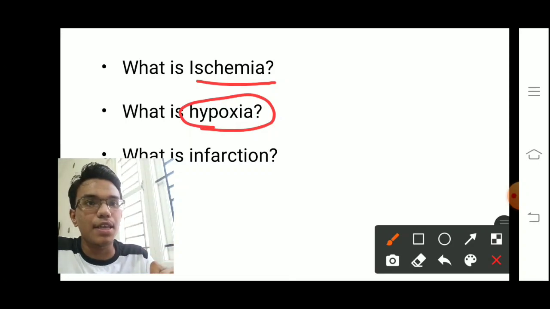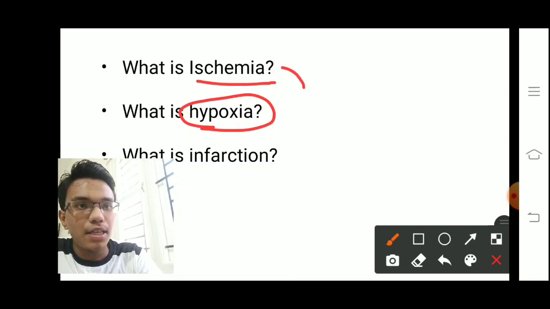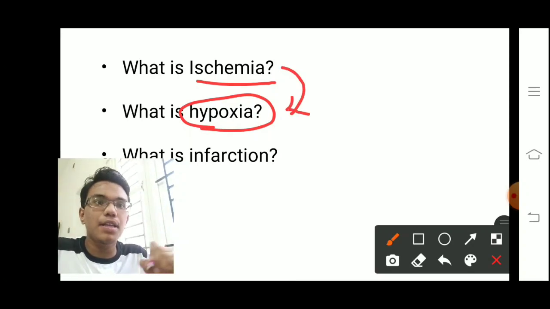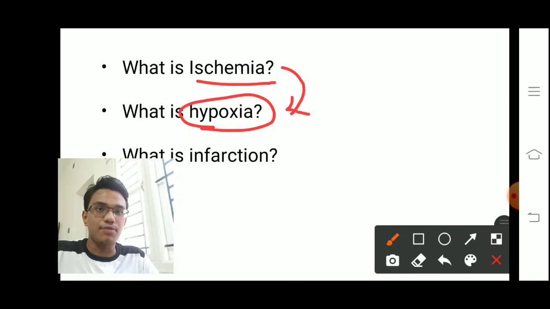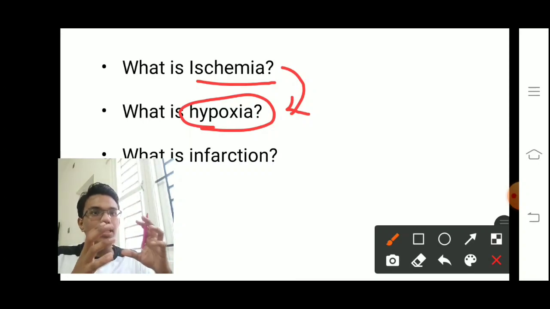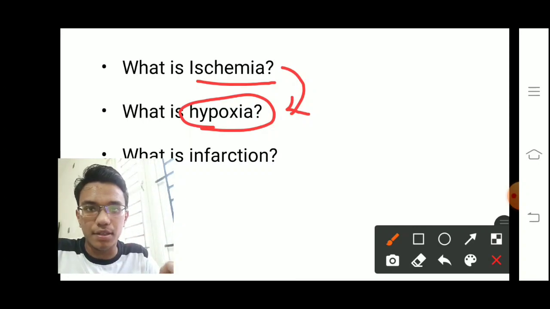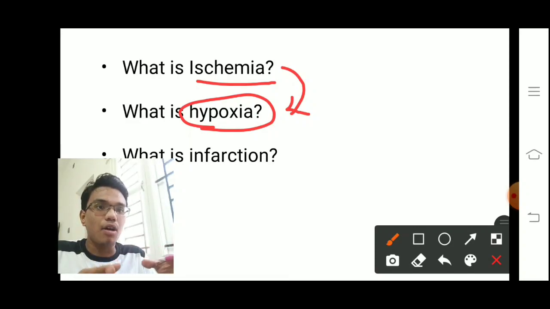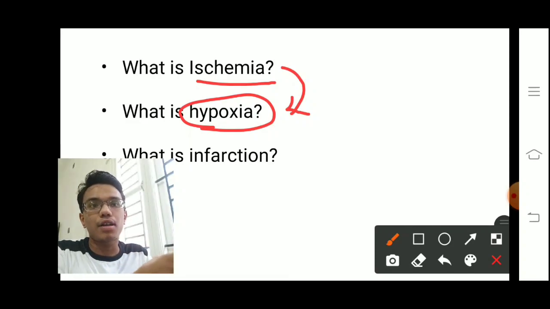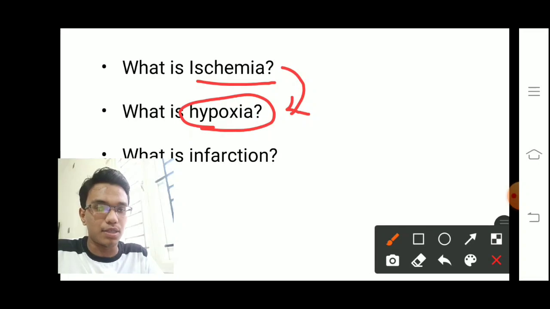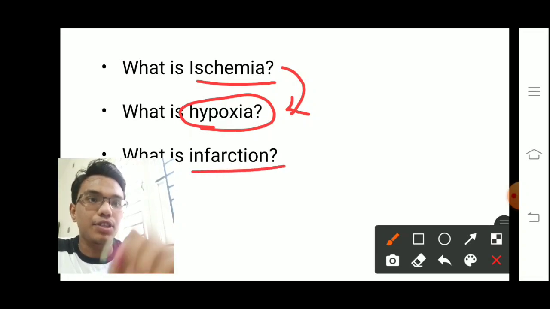So you can say ischemia leads to hypoxia, but not vice versa. If something is occluding the blood vessel, then the blood flow to that particular organ will be restricted, right? And then the oxygen supply to the organ is also reduced. That's what it means. Now, what is infarction?